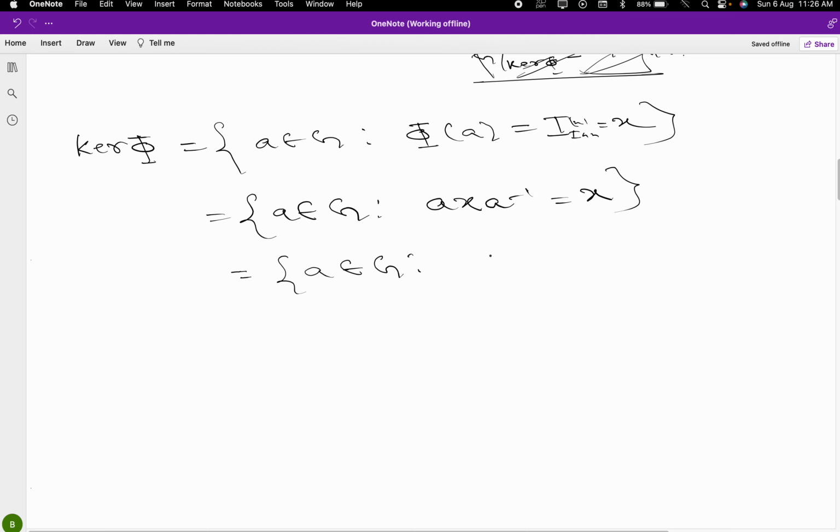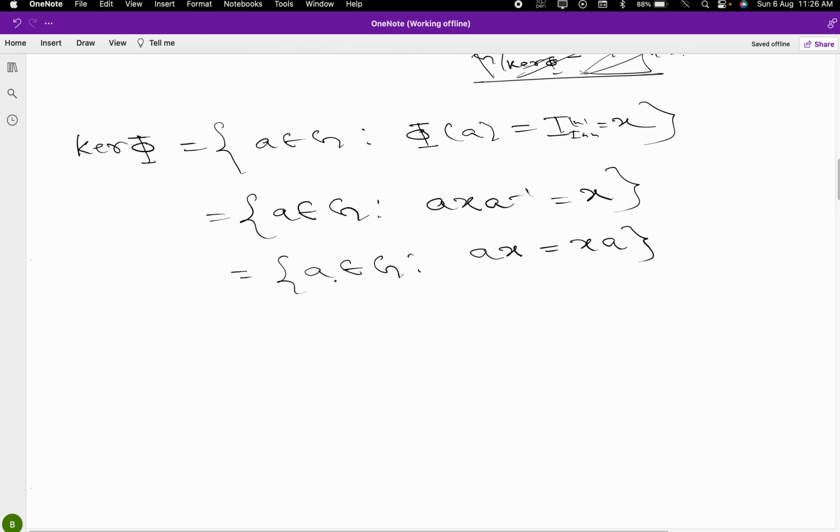So what is this A? All those elements of G such that AX operated with A inverse from the right-hand side gives identity, because A inverse A gives you identity. That means AX equals XA.